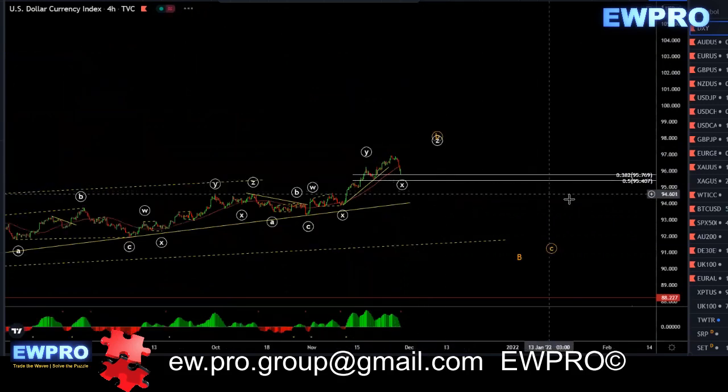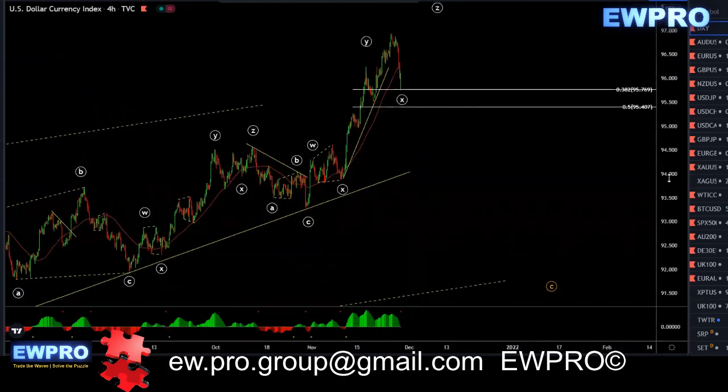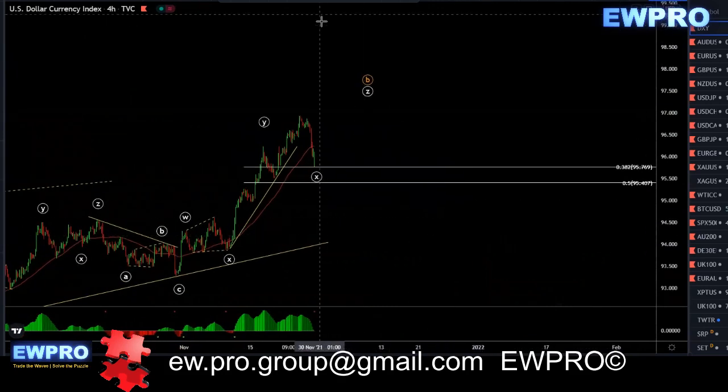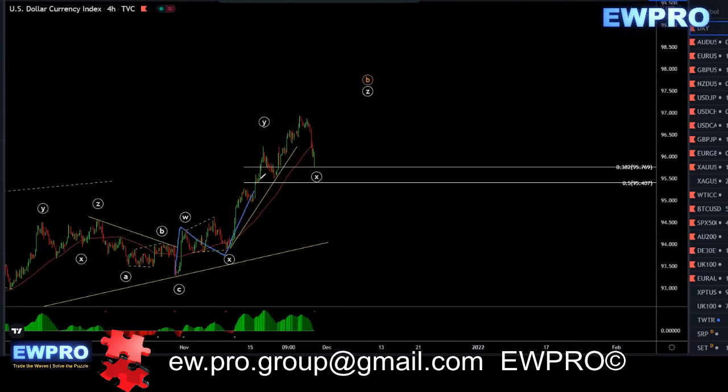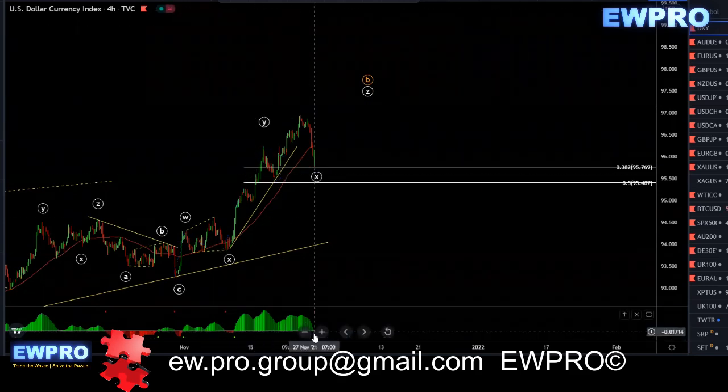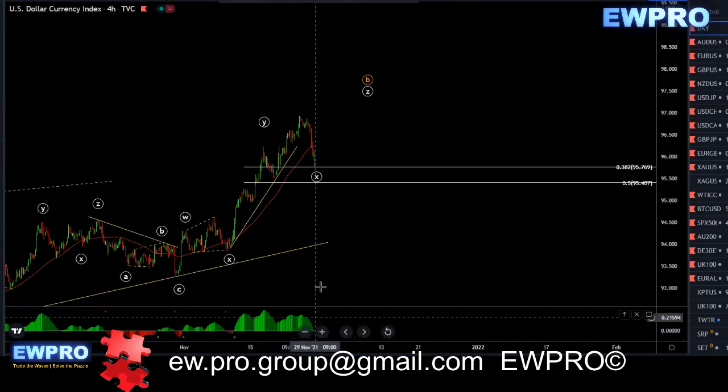So if we go down to the H4, we're looking at that like a WXY. Now this may be a flat here. We were looking for that 38.2 fib retracement. Now this may be the flat in here as a running or expanding flat. So we get a WXY, X2, and then we get that Z up. We've just crossed down on the MACD now.